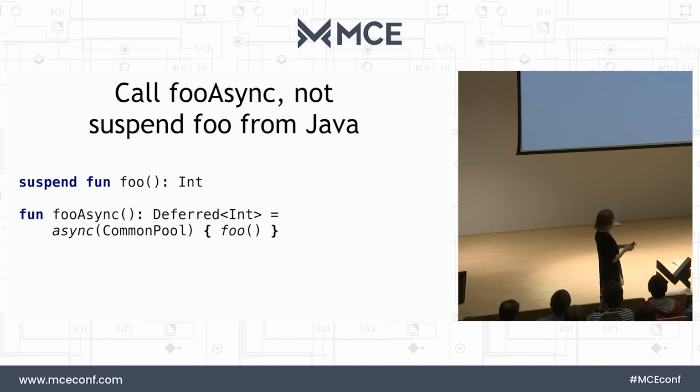In Kotlin, you write another function nearby, a short one that just wraps the result in a future, and you return it to Java easily. So if you want to call the function from Java, you declare a separate one consisting of one line, and you call this for async instead. Okay, thanks.